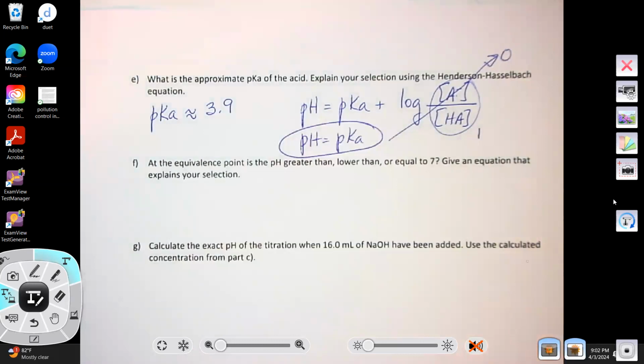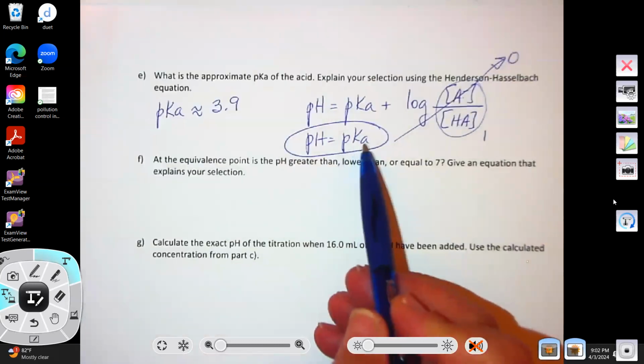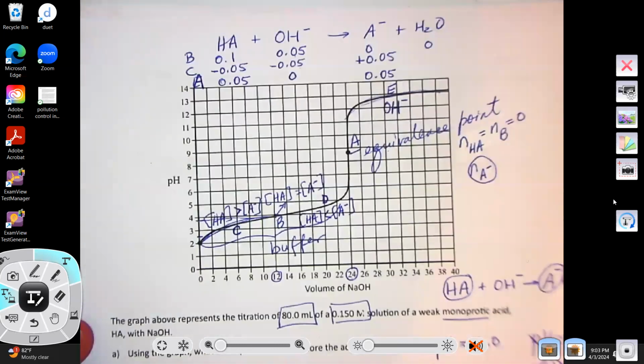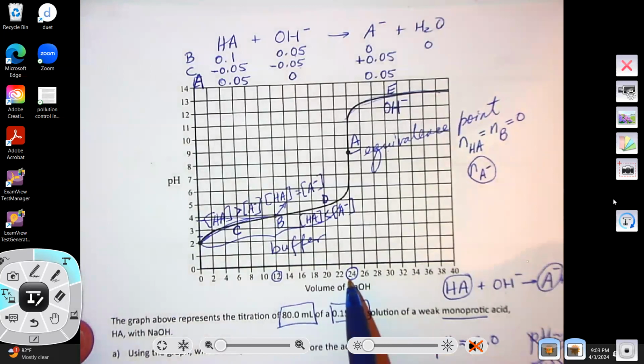So only when you are at half of the equivalence point can the pKa of the weak acid be determined graphically from the value of the pH. So once again, notice that this is your equivalence point. This is half of the equivalence point because it's half of 24.